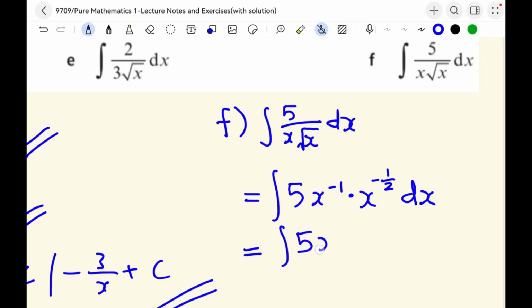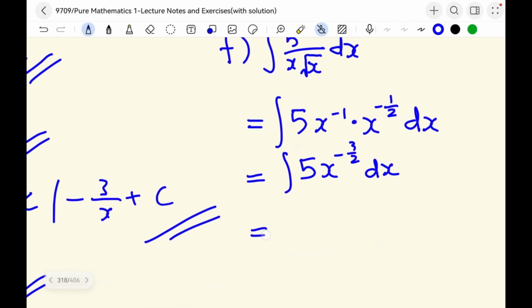So you will get x to the power of negative 3 over 2 and integrate it easily. What will it be? It is 5 times x to the power of negative 1 over 2 divided by negative 1 over 2, which is basically times negative 2, plus c.